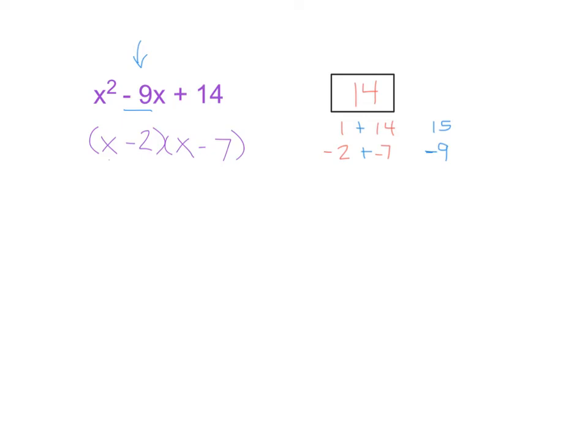The first terms, multiplying the first terms, I'd get x squared. Multiplying the outside terms, I'd get negative 7x, right? X times negative 7. Negative 7x. Inside terms, these two terms multiply together is negative 2x.